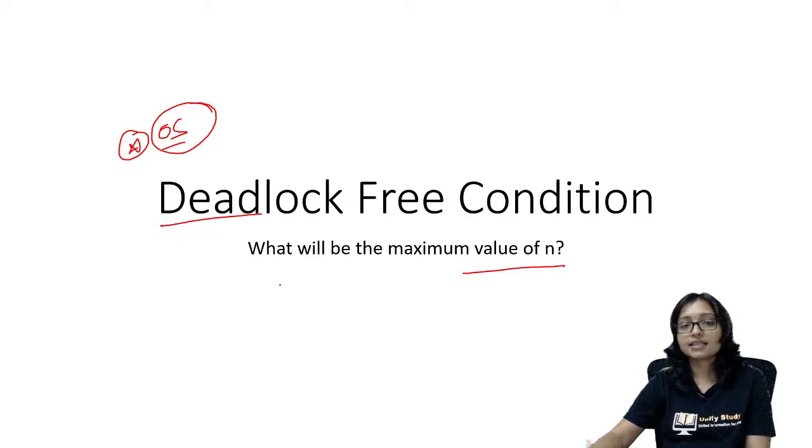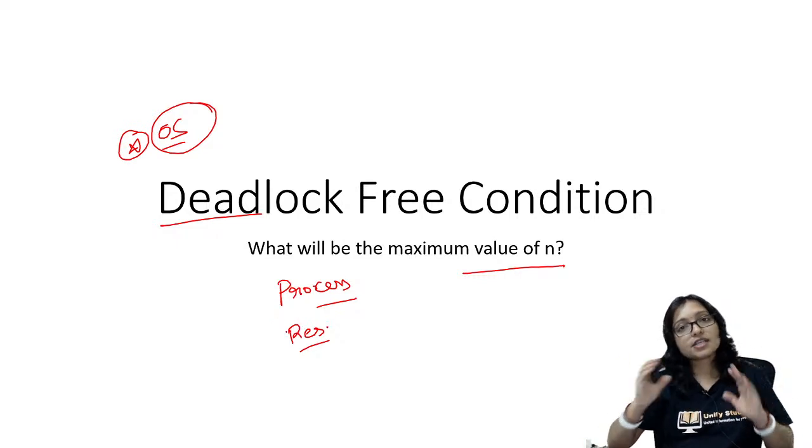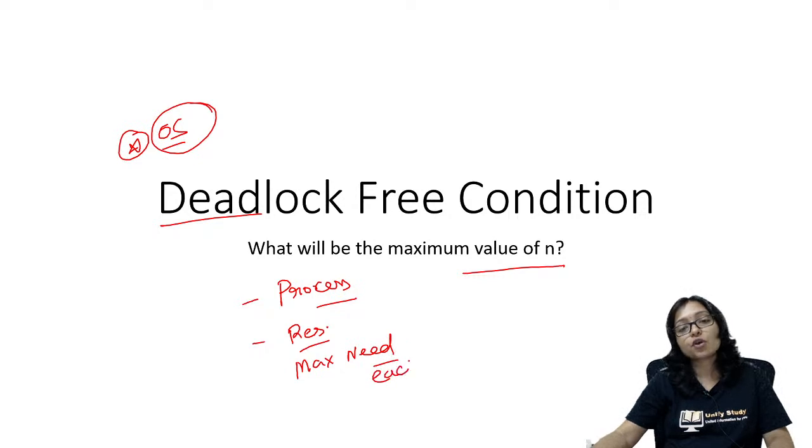Sometimes they ask the maximum value of n, like the number of processes. What is the maximum number of processes there will be? What is the requirement of maximum resources? That is also asked. Sometimes the question gives the number of processes and the total number of resources, and asks what is the maximum need of each process.